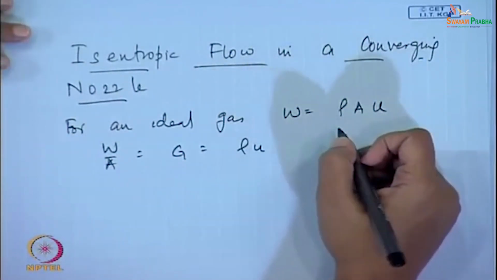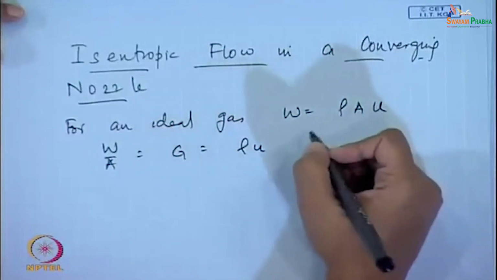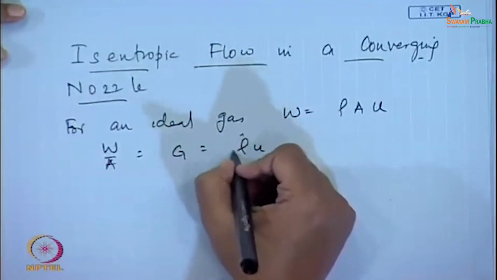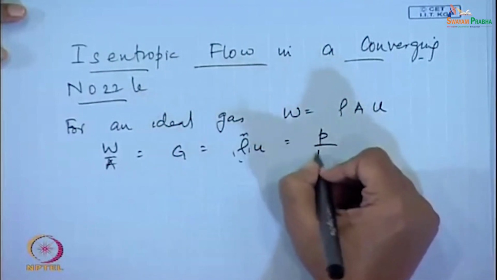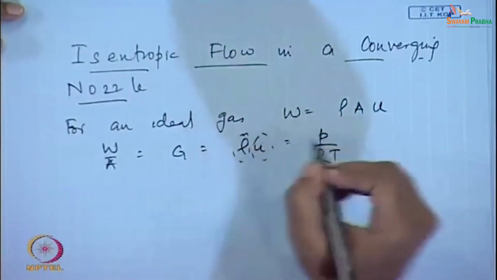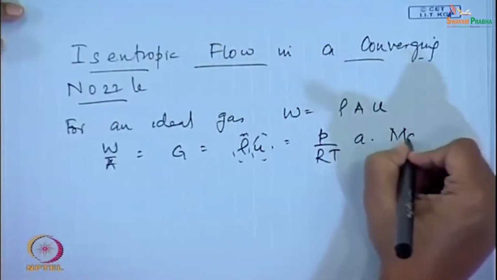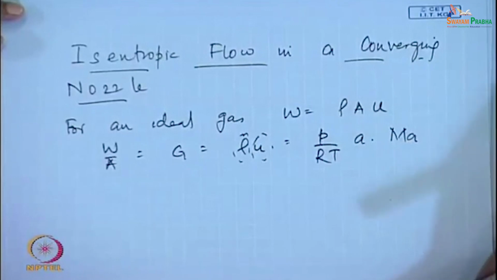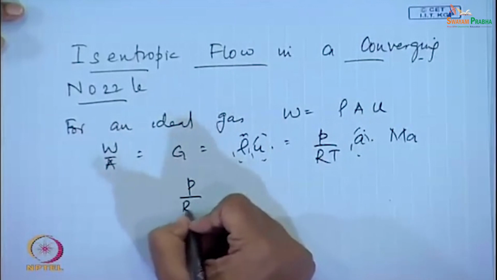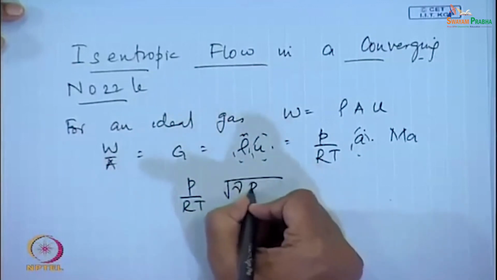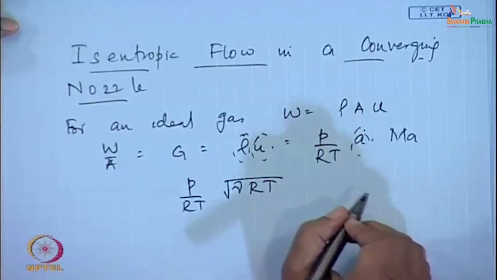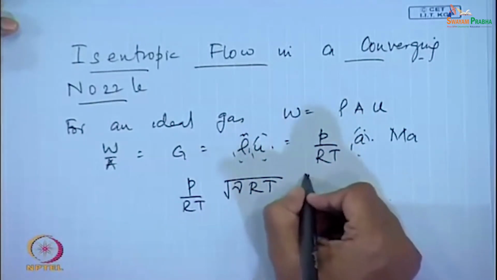Now, since we have already assumed it to be an ideal gas, this rho can be written as P by RT, yes or no? This u can be written as a into Ma, agreed. This a can be written as root gamma RT, into Ma of course.